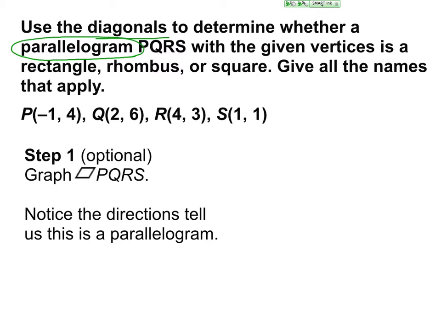What can you calculate to tell you whether it's a rectangle based on the diagonals? What has to be true about the diagonals for a rectangle? They have to be congruent. So what do you calculate? Length, distance formula. Okay, so distance formula on the diagonals would tell us rectangle. Rhombus. What's true about the diagonals of a rhombus? 6.5.4 says the diagonals have to be perpendicular.